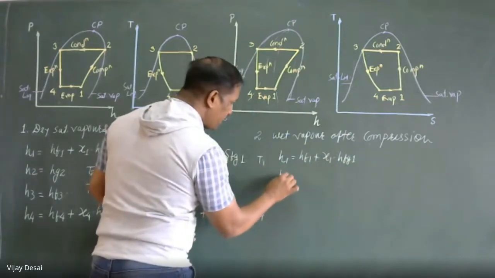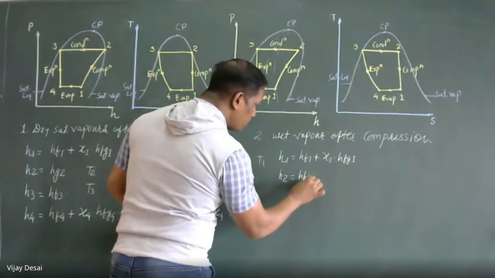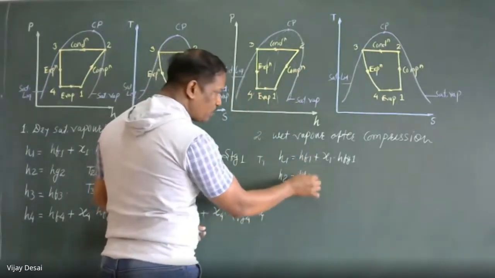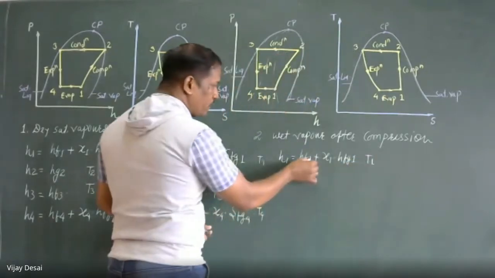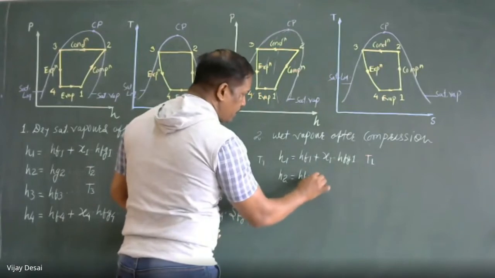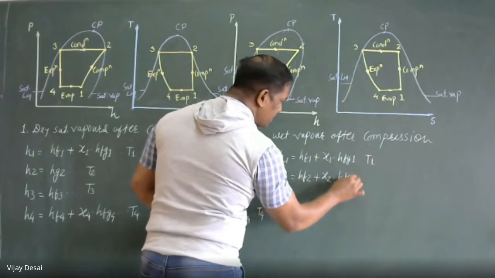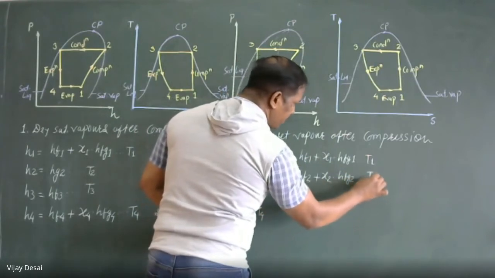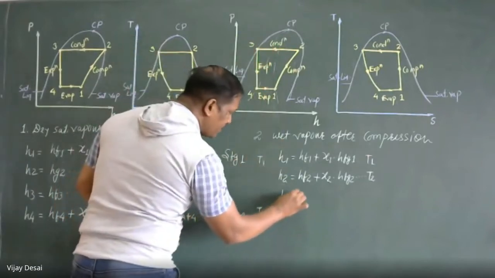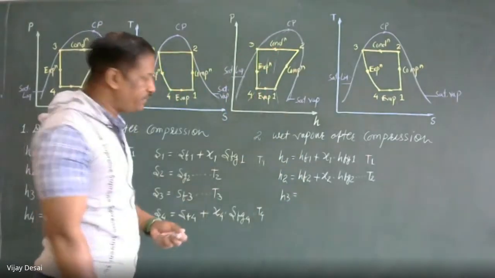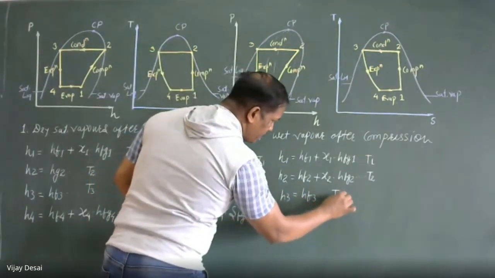If I am calculating h2, it is again in the wet zone, so hf2 plus x2 into hfg2, calculated at temperature T2. h3 is the saturated liquid, so it is simply hf3, calculated at T3.